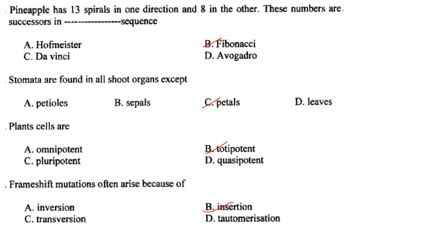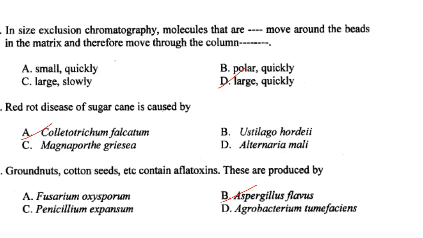Then next one. Frameshift mutation often arises because of insertion. Option B. If you insert a specific nucleotide, then it will result in a frameshift, shifting the frame. So it results in frameshift mutation. Then in size exclusion chromatography, molecules that are dash move around the beads in the matrix and therefore move through the column dash.